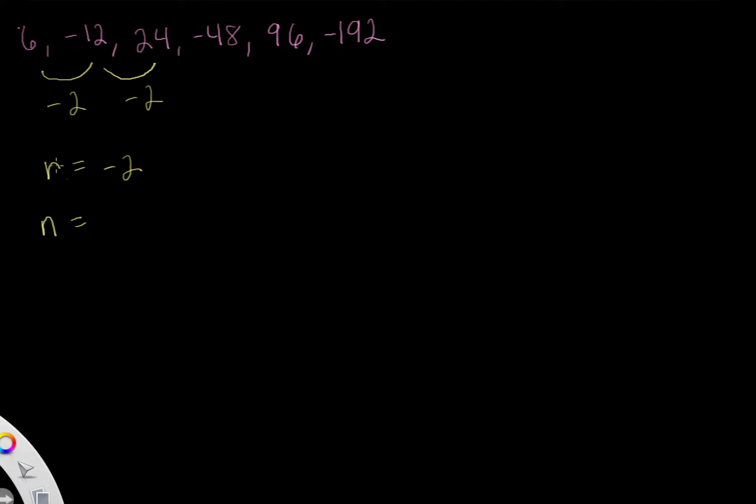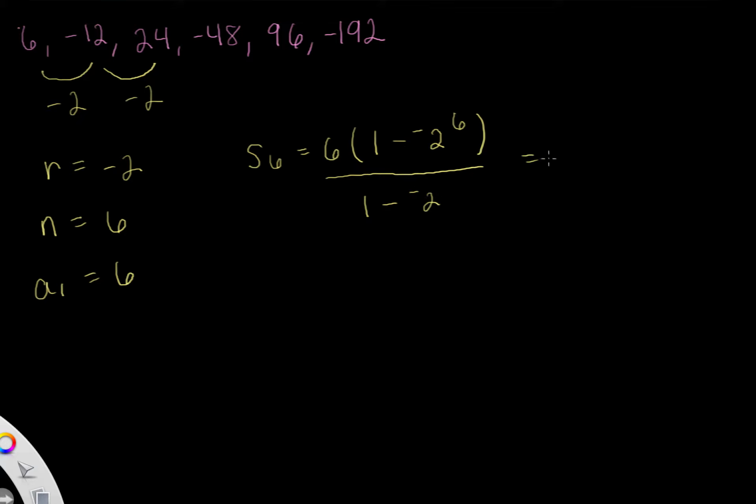The number of terms we have are still 6. And our first term is still a positive 6. So to find the sum of those 6 numbers, we still take our first term, and it is 1 minus a negative 2 to the 6th power, divided by 1 minus a negative 2.